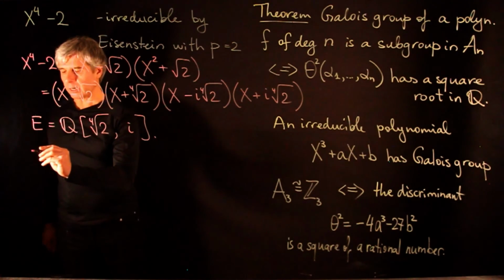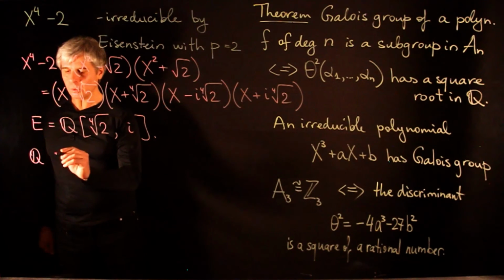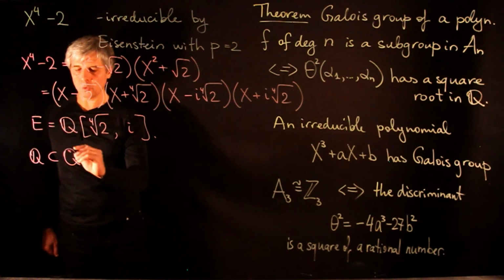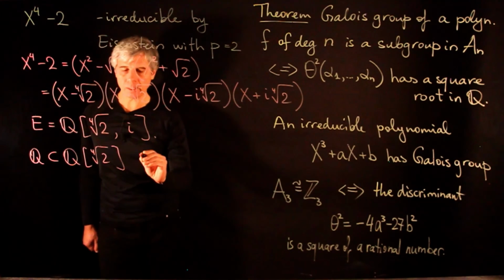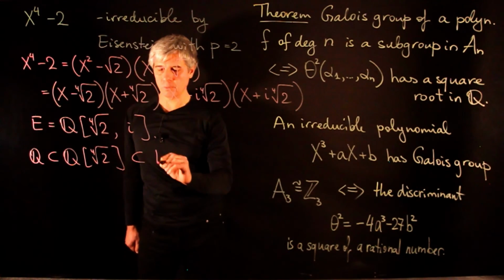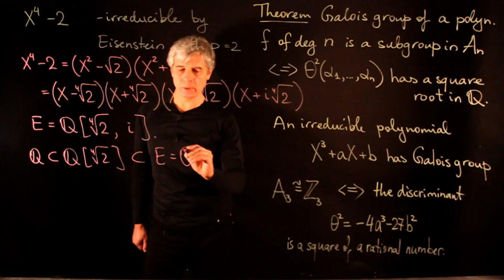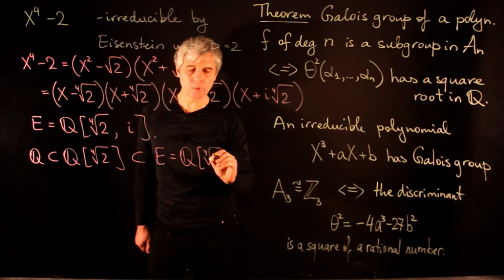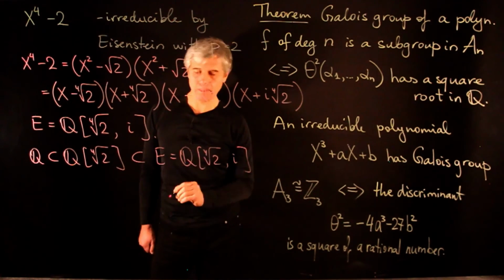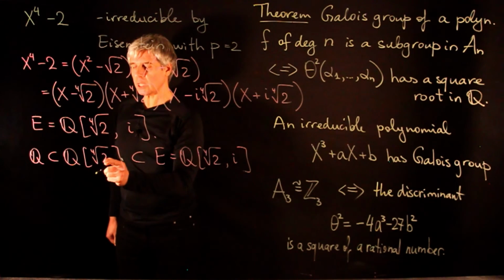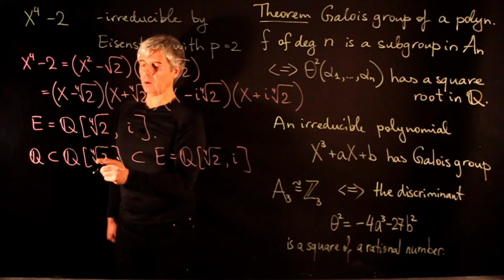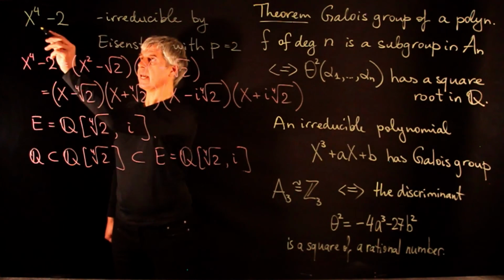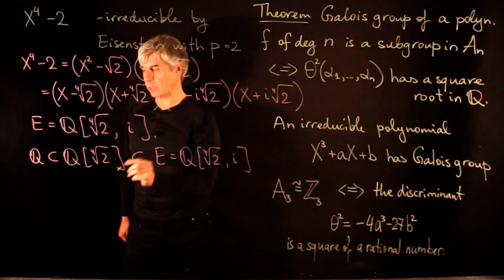Let us consider a chain of extensions. So we have Q extended by Q with fourth root of 2, and then extended to E, which is Q with fourth root of 2 and i. The degree of the first extension is equal to 4 because the minimal polynomial of the fourth root of 2 is x to the power of 4 minus 2, which is irreducible.